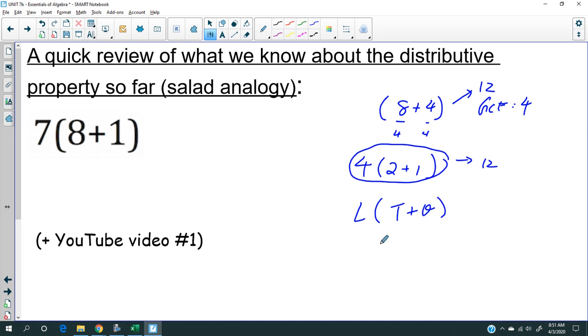Even if you have a regular salad where everything's together, you got a salad. But even if you put the lettuce on the outside, so you only have tomatoes and onions in your salad bowl, and you have the lettuce on the side, that's still a salad, right? What I was trying to say back then was that these are all the same things. It's just different ways of writing it.